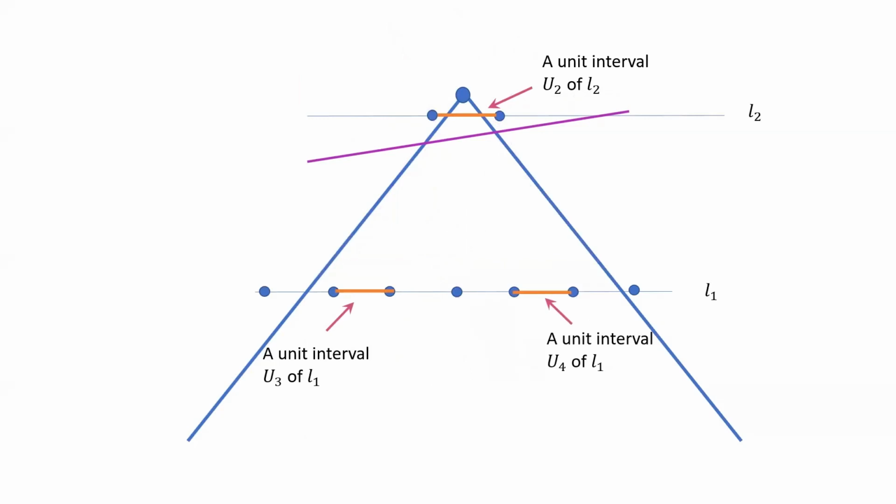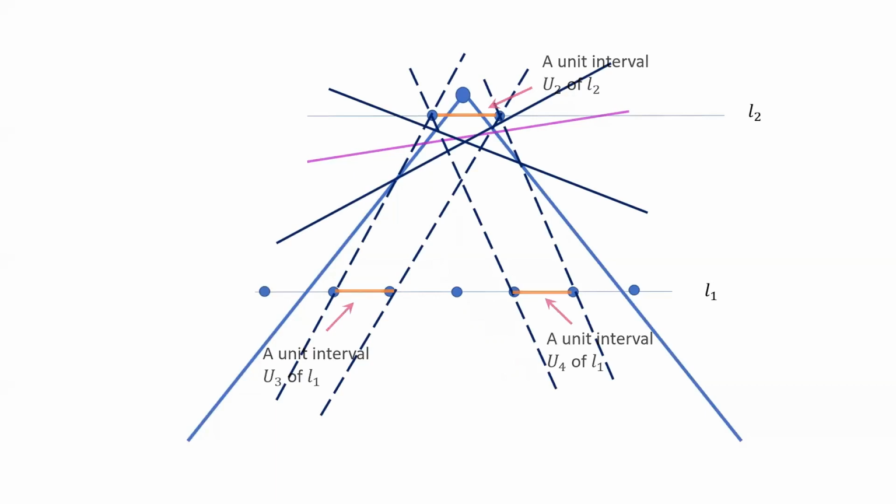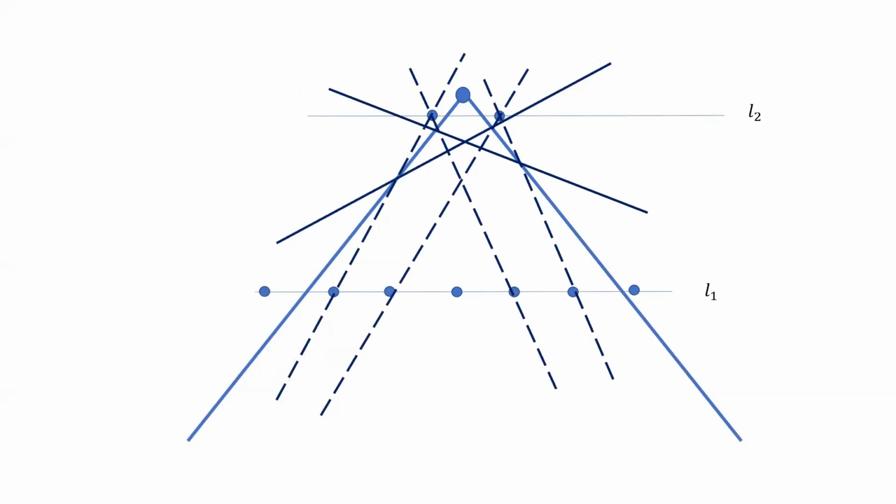We firstly take a split set containing U2 and U3 and derive its best split cut. Similarly, we take a split set containing U2 and U4 and derive its best split cut. After some calculations, it can be proved that this purple split cut can be dominated by the intersection of these two black split cuts. This means that all the split cuts derived by these split sets will be dominated by the intersection of these two black split cuts. And this finishes the proof.